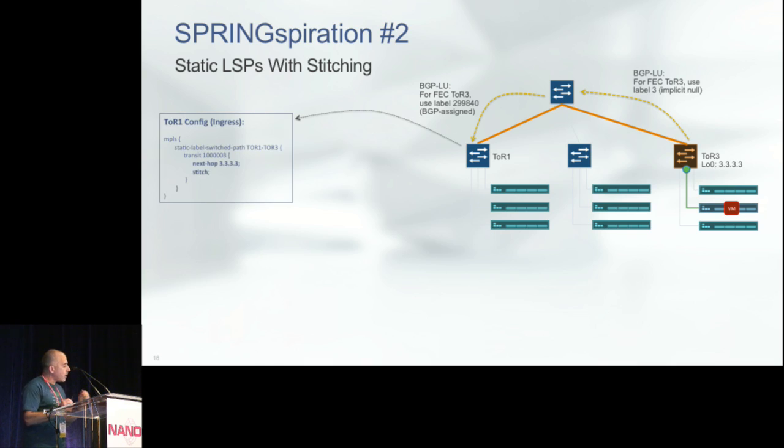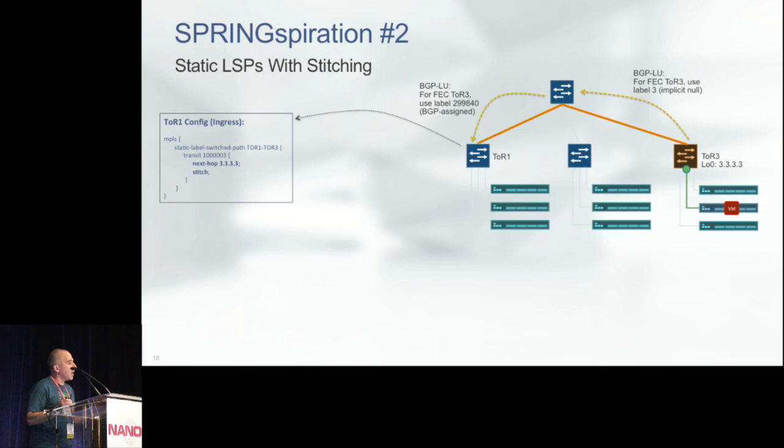So the way we do that is by having an extra configuration with a static LSP. This configuration pretty much says, hey, if you get a packet with a label of 1,000,003, forward that packet to this node 3.3.3.3, that's the Egress store. Forward that packet there and stitch it to whatever label path is available to you to forward it.